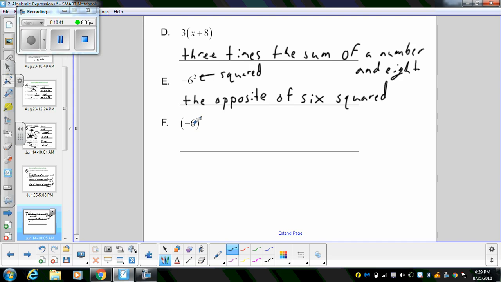This one's a little bit different because the square is now outside the parentheses. Instead of being the opposite of 6 squared, this is now going to be negative 6, squared. Since the negative is inside the parentheses, it actually gets applied by the 2. So this is actually going to be negative 6 squared.